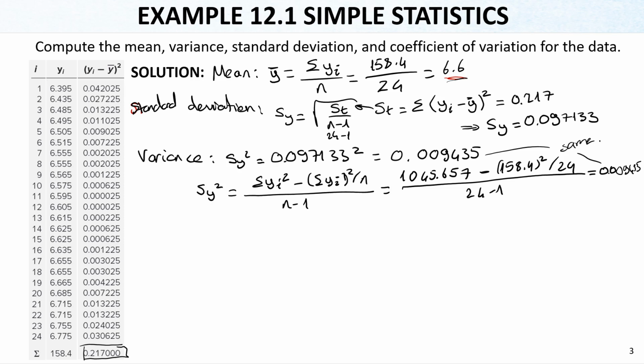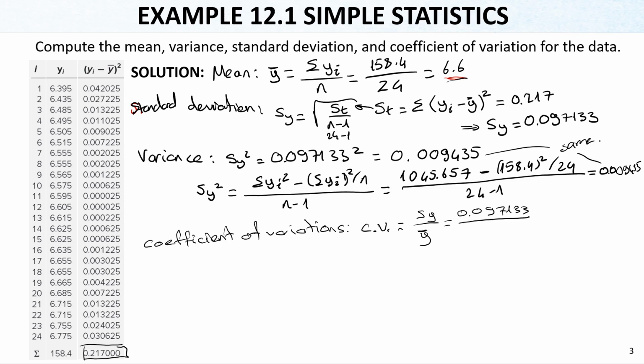Finally, we will calculate the coefficient of variation. We calculate it by CV equals the standard deviation Sy divided by the mean y. Sy was 0.097133 and the mean was 6.6.